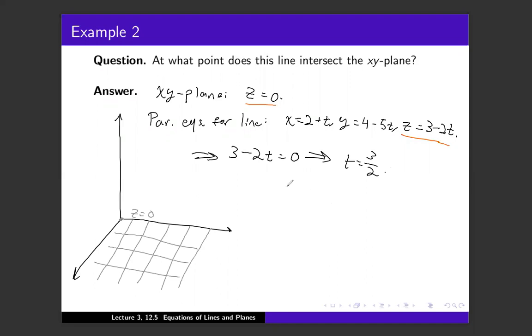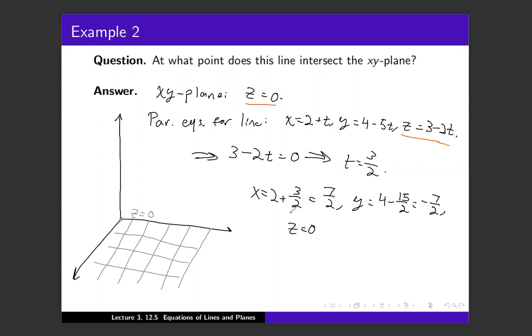And if t is equal to 3 halves, what does that really mean? That means that we plug everything in, because what we really need is a point where this is intersecting. So x is 2 plus 3 halves, or in other words, 4 plus 3 over 2, so it's 7 halves. y is equal to 4 minus 15 halves, or 5t, or in other words, that's going to be 8 minus 15 over 2, so it's negative 7 halves.